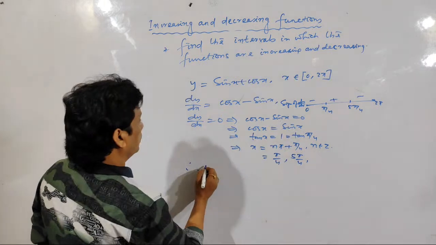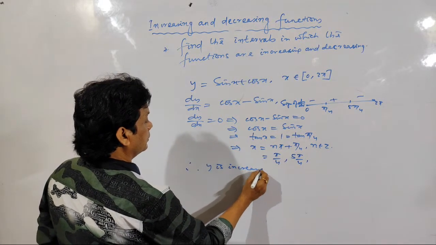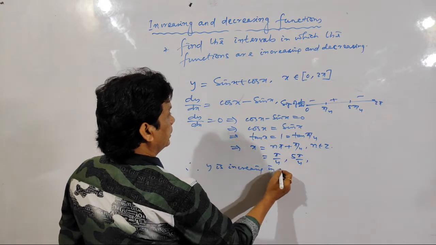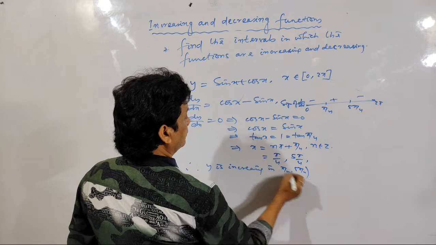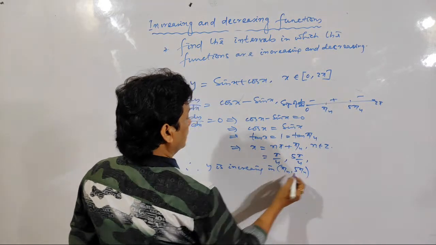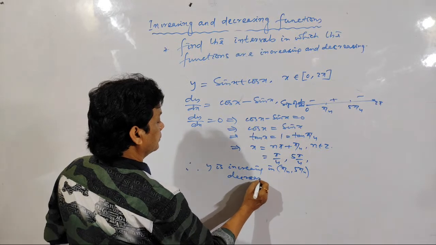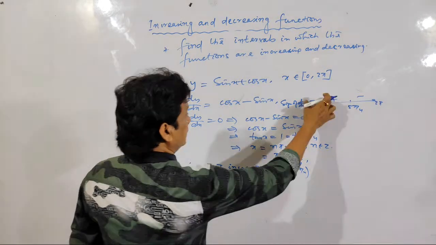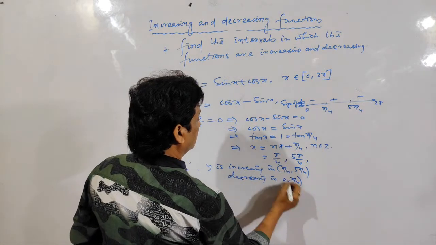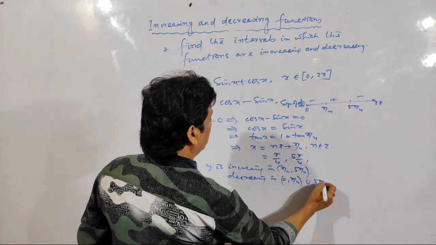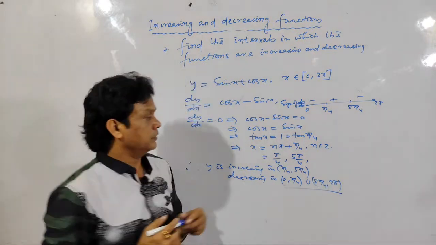So therefore, y is increasing in pi by 4 to 5 pi by 4. In this interval it is increasing, and decreasing in this interval or this interval, 0 to pi by 4 union 5 pi by 4 to 2 pi. Clear?